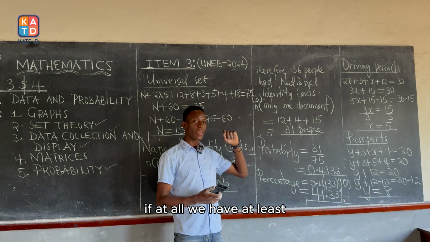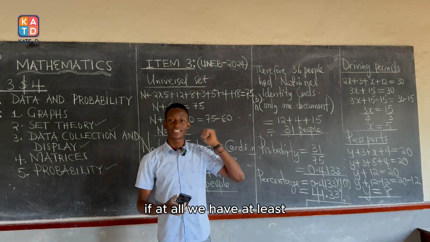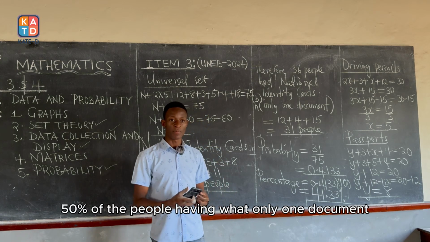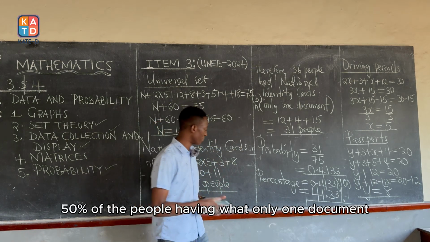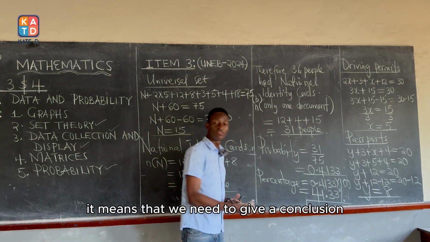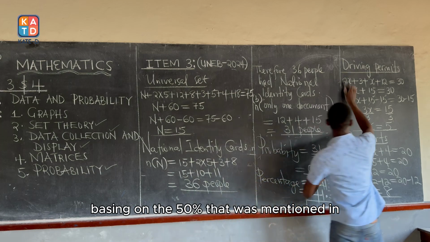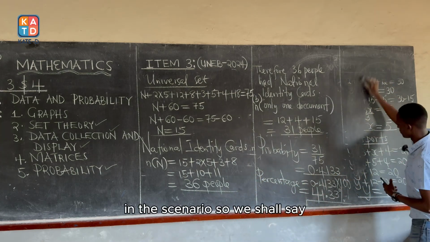So, we ask ourselves, for the condition that is given in the scenario, that an office can be established if at all we have at least 50% of the people having what? Only one document. It means that we need to give a conclusion basing on the 50% that was mentioned in the scenario.